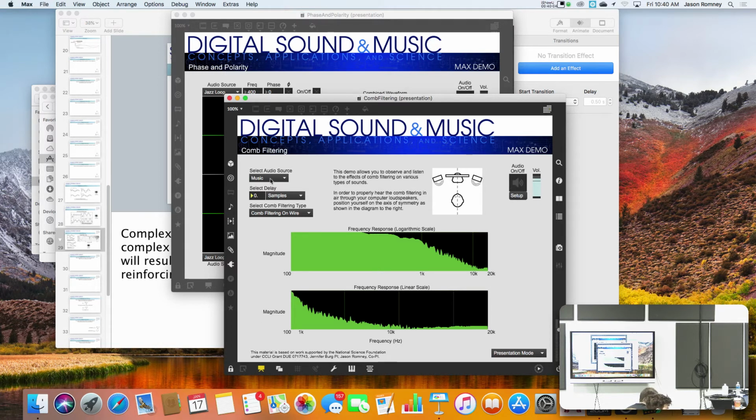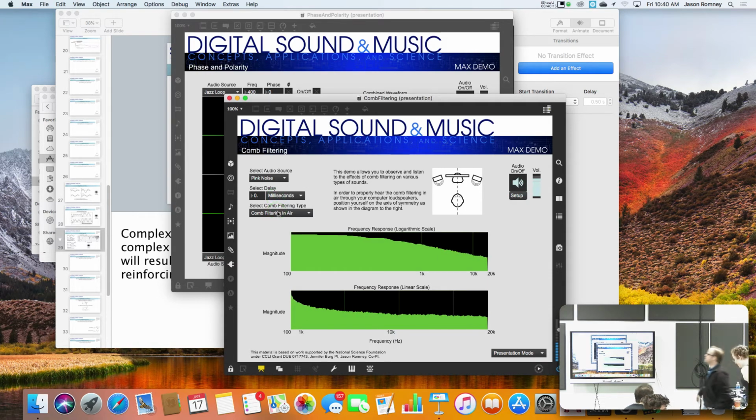All right, let's do it in the air. Are you ready? We're going to comb filter the air. So here's what you're going to want to do. You're going to want to get up out of your chair and try to stand right in the middle here of the two speakers. Find the spot where it sounds like the comb filtering is coming from the sub, basically.